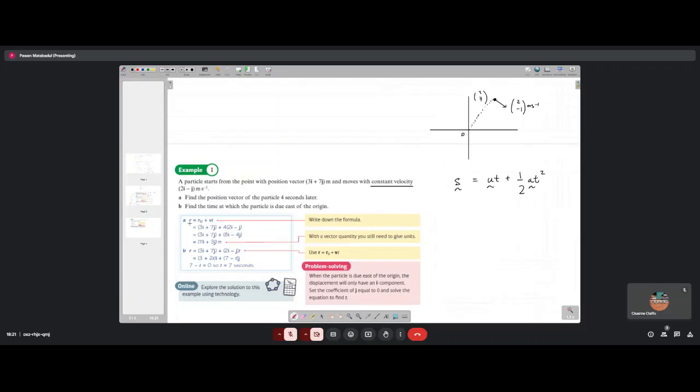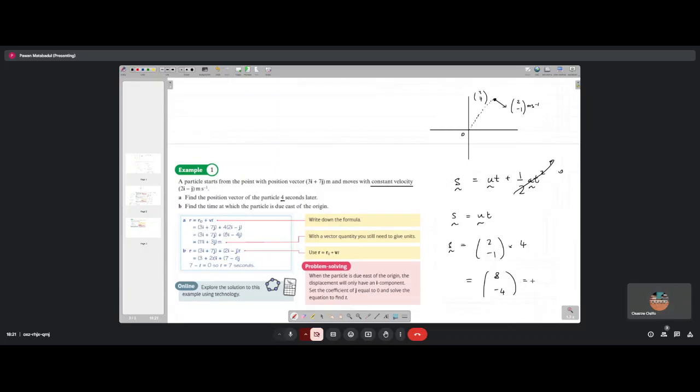Yes, they're using this formula, but really they're using it because this term will just completely disappear, right? So you would just be left with S is equal to UT. But what is this actually telling me? Well, it's telling me how far I've moved. So if you look at S here, the displacement that's going to be moved in that time will just be 2 minus 1 multiplied by 4 seconds, right? So that will be 8 minus 4.